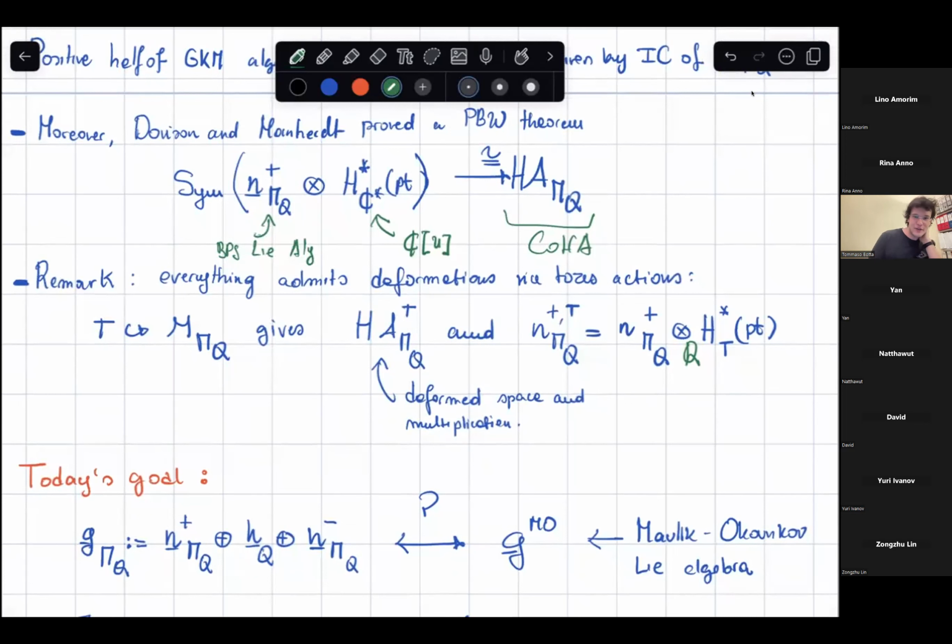So for me, today's goal is to understand the relation between this generalized Kac-Moody algebra obtained as a Borcherds Lie algebra, given our BPS Lie algebra. So we want to understand the connection between this Lie algebra and another Lie algebra called the Maulik-Okounkov Lie algebra.